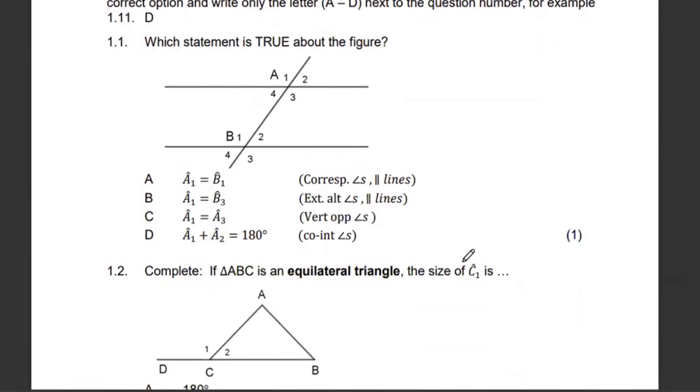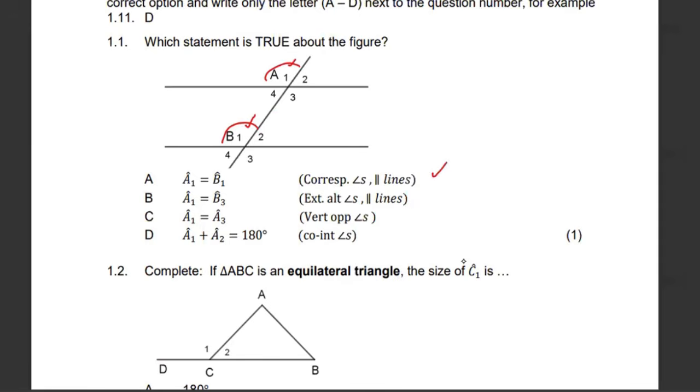So 1.1, which statement is true about the figure? Okay, number 1, they're telling us that A1 is the same as B1. That is correct because these will be corresponding angles.